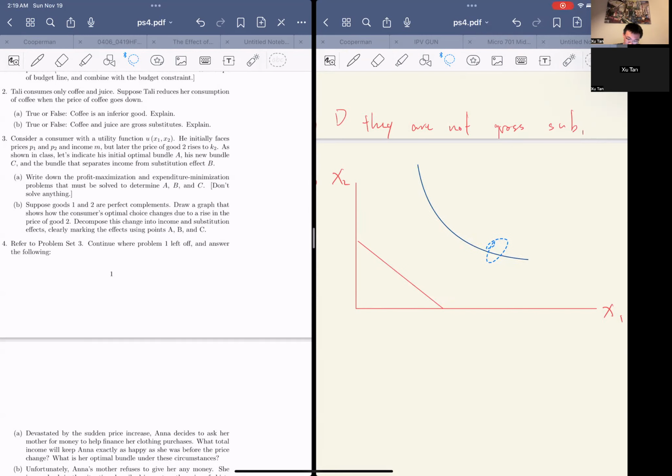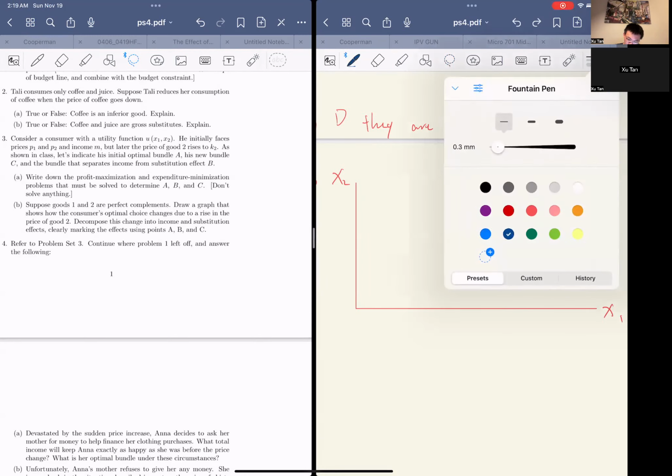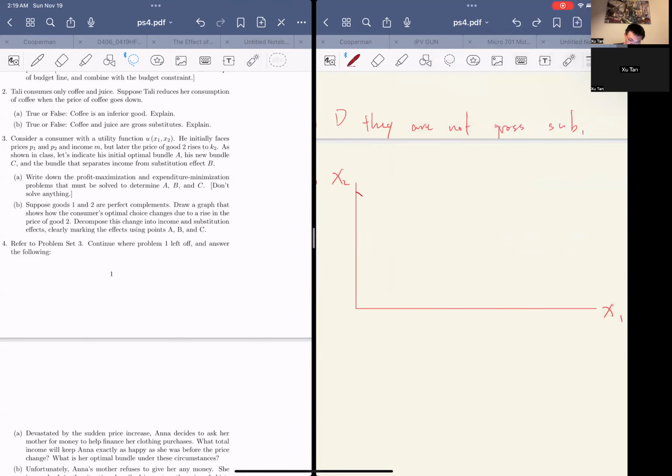Let me just draw it bigger. Okay, beautiful. So this is the initial point, A.